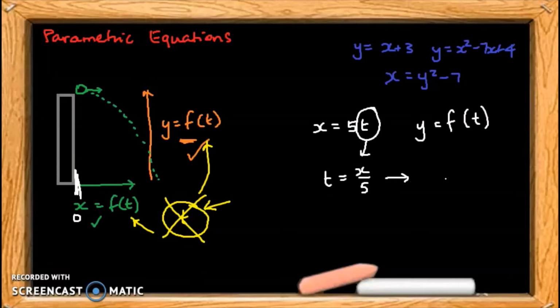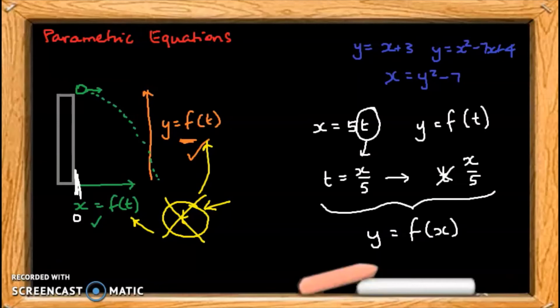So wherever I see t in this equation, I can substitute x over 5. And therefore, at the end of this whole exercise, I'm going to get some equation that talks about y as a function of x. This is the whole idea of parametric equations: when we can measure one direction in terms of time and another direction in terms of time, we can then combine our two directions and look at the motion independently of time.